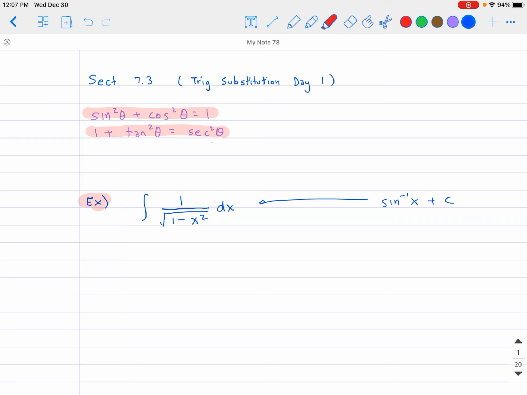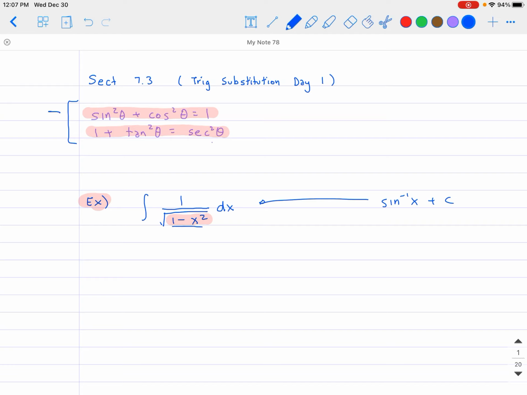I am going to look at the bottom part over here where you notice that we have 1 minus x squared. Now, there is a trig substitution that I can make according to my two Pythagorean identities over there. If you look at the two forms, which one can be rewritten in the form of 1 minus x squared?